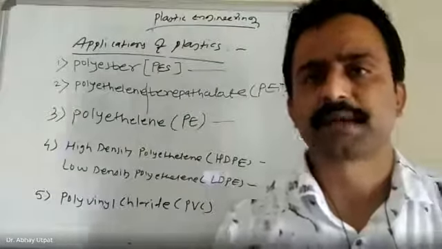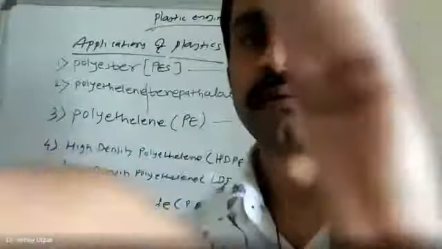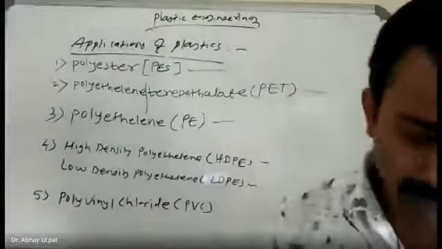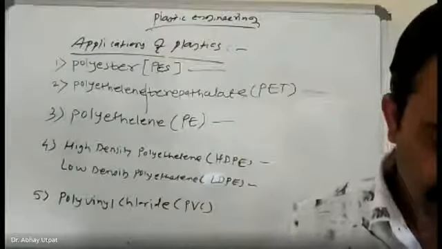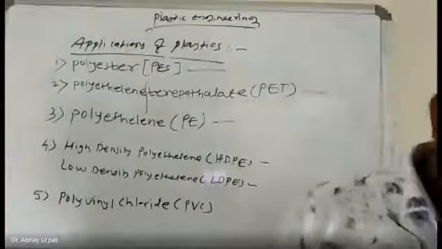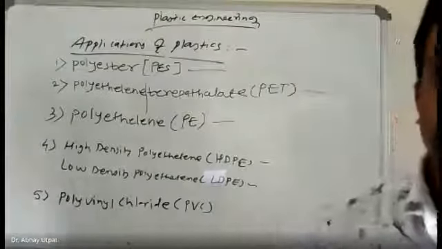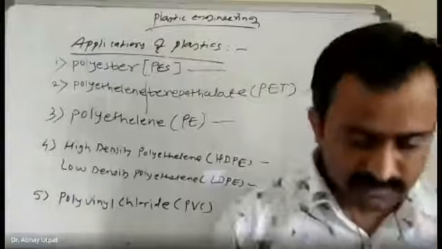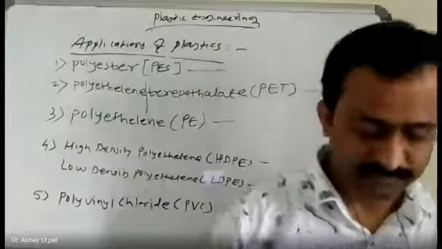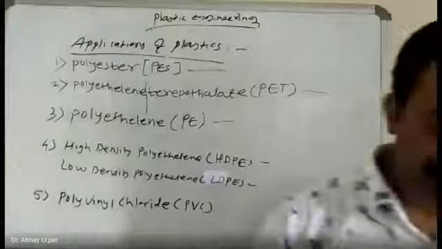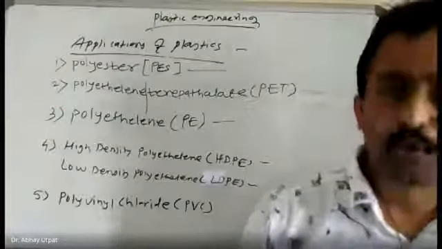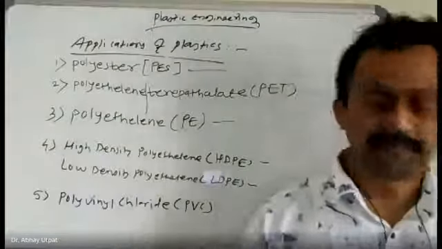Number of applications of polyvinyl chloride. Write down plumbing pipes, window frames, then curtains, then floorings, flooring carpets.